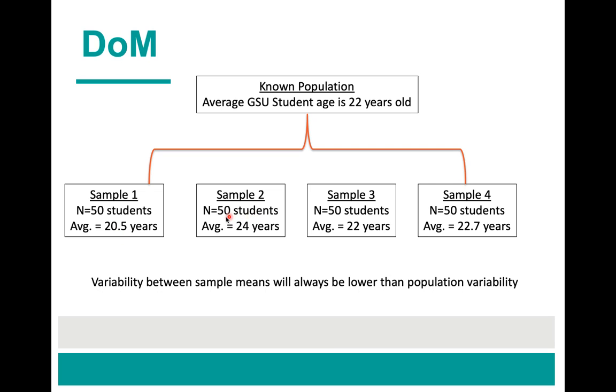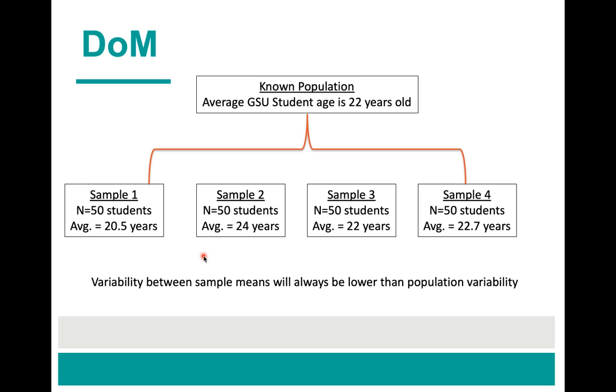If I sampled again another 50 students, it would be very reasonable for me to have an average of 24 years. If I did it again, it'd be very reasonable for me to be right at the mean, 22 years. If I did it again, it'd be very reasonable for me to be at 22.7 years. Notice how these are all really close to each other and all really close to the population average. Because when I average 50 people's ages, it's going to approximate the population average.